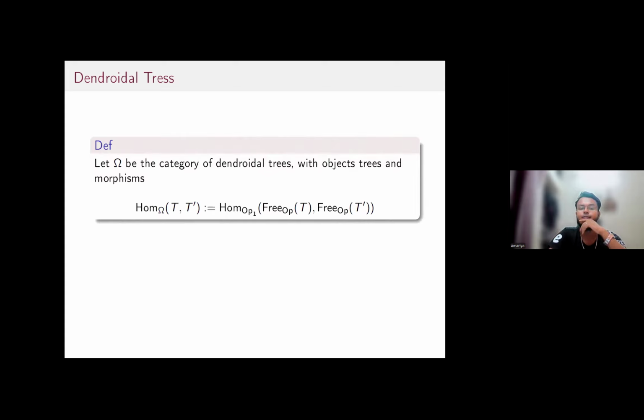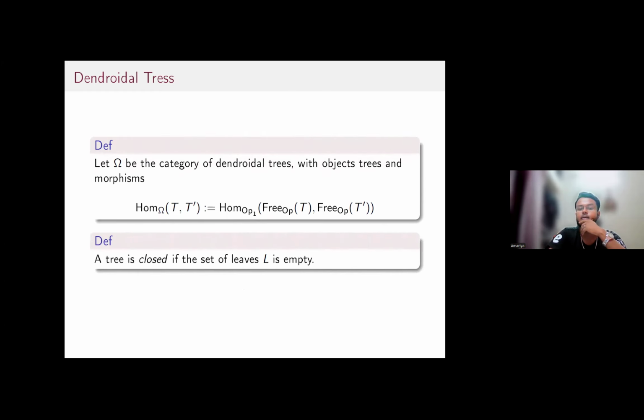Now, sigma is the category of dendroidal trees. This is the sigma that we solved for. Now this is something important: a tree is closed if the set of leaves is empty.